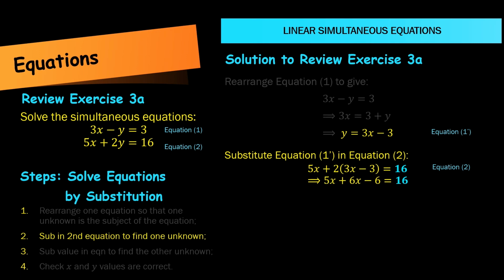Now we have an equation in terms of x's and constants, one equation and one unknown. So we can simply tidy up to give us 11x equals 22, and finally divide by 11 to give us x equals 2.